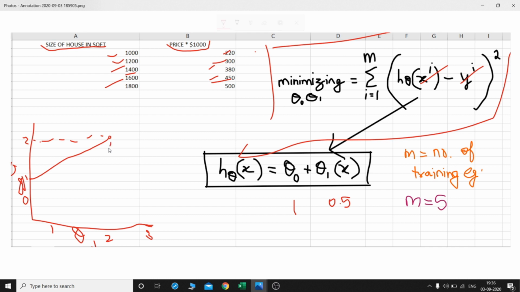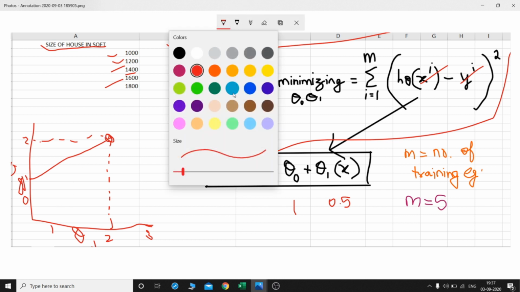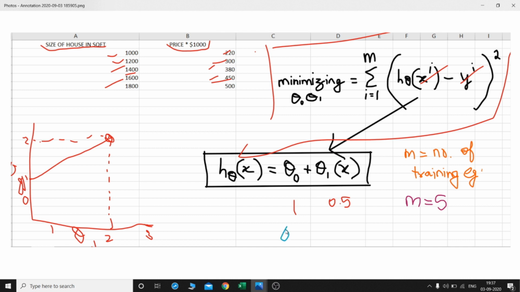This will be your plotted point here, this one. And let's say your value is 0.5 and then this one is 2. So your plot point will start from 0.5, and it will jump 2 places in slope.